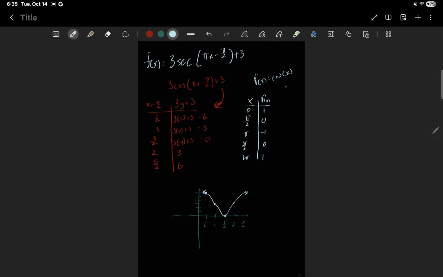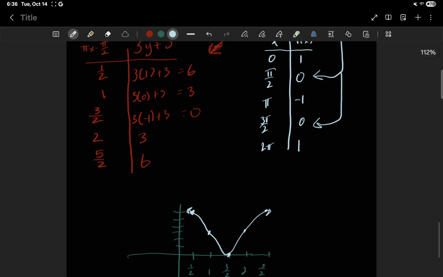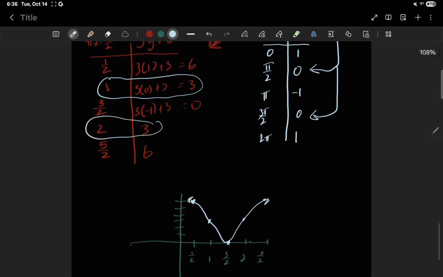So wherever on the original cosine graph, so it's going to be the second point here and the fourth point here, wherever you got 0 for cosine, notice that these points, pi over 2, 0, changed into 1, 3 and 2, 3. That's this point right here and this point right there. Wherever you had 0 for cosine originally, those are going to turn into vertical asymptotes.